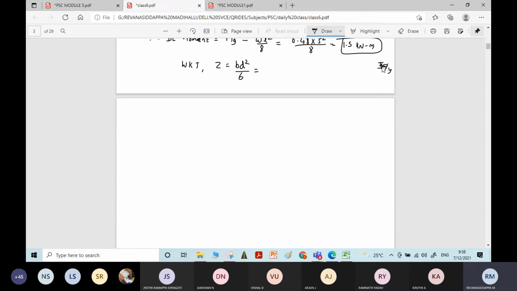B is 100 into d is 200 square divided by 6. Tell me. It's 666.67 into 10 power 3.